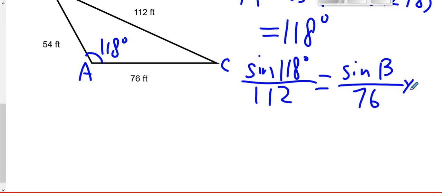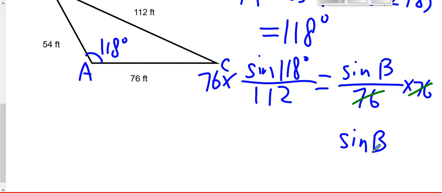So quickly finish this. Okay, wrong color. So sine B is equal to this.